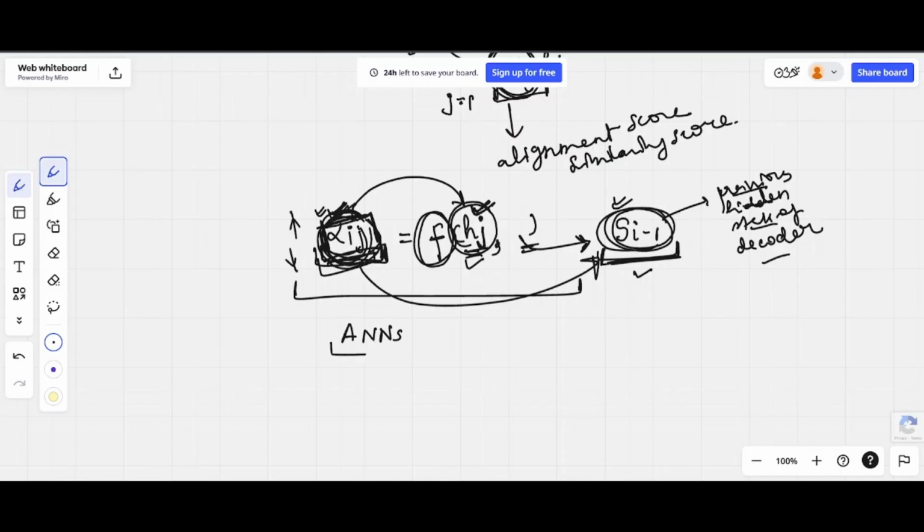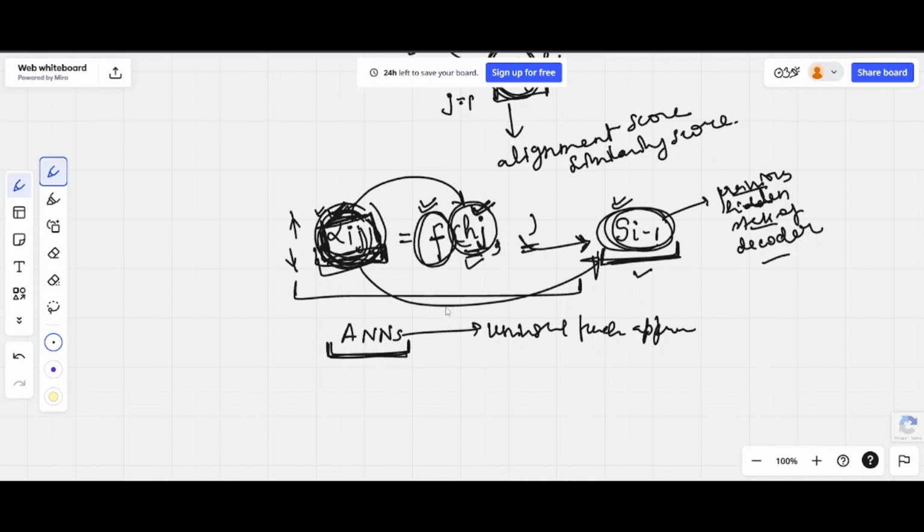And why did they use this? Because ANNs are universal function approximators. They can approximate any continuous function given that they have enough neurons and enough layers. So they are not looking for the exact function, but an approximate function that can provide them this value.